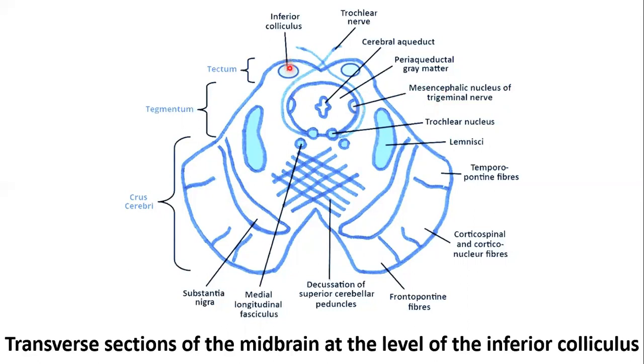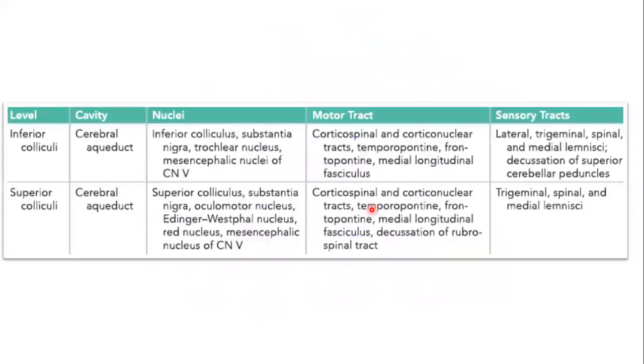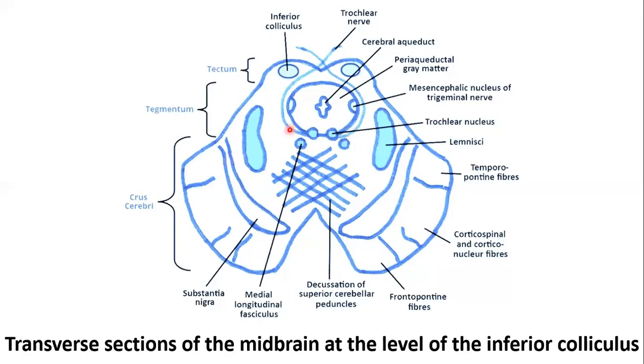Let me repeat all. This is the inferior colliculus, one. Then you see the mesencephalic nucleus of the trigeminal nerve, two. Then the trochlear nerve nucleus, three. And the fourth is the substantia nigra. You can see from here: inferior colliculus, substantia nigra, trochlear nucleus, and the mesencephalic nucleus of cranial nerve five.